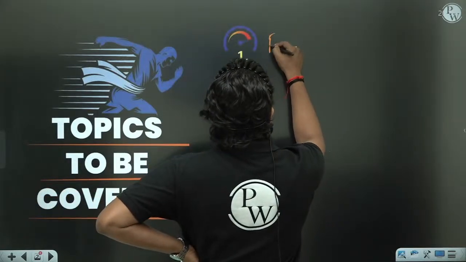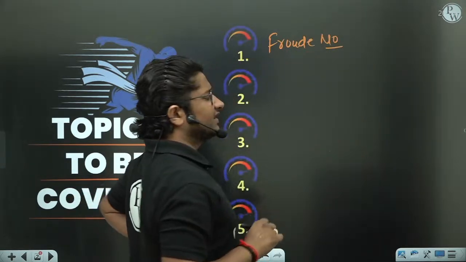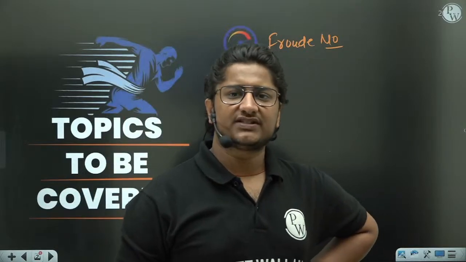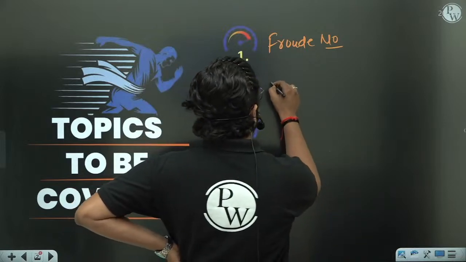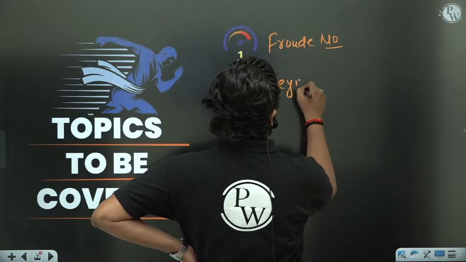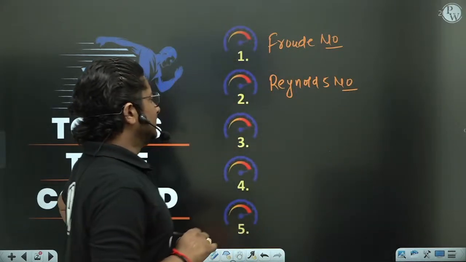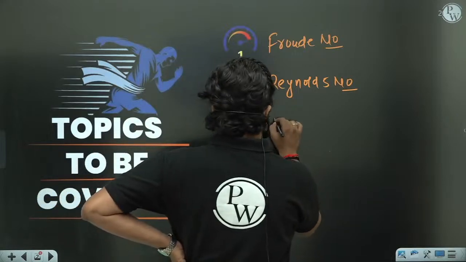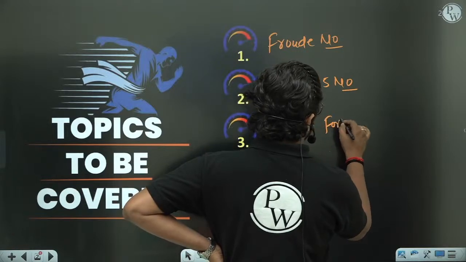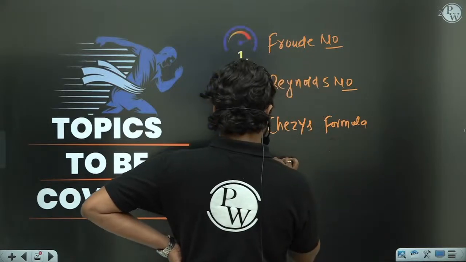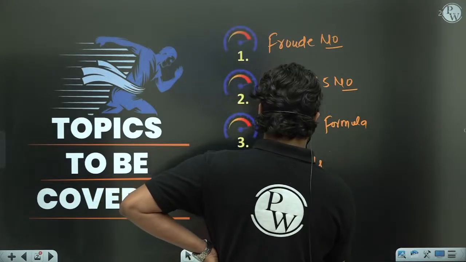is the Froude number. You know that open channel flow is governed by gravity forces. So in that case, Froude number is very important. Next, we will also discuss a little bit about Reynolds number. Then we will discuss Chezy's formula. Then we will discuss Manning's formula.